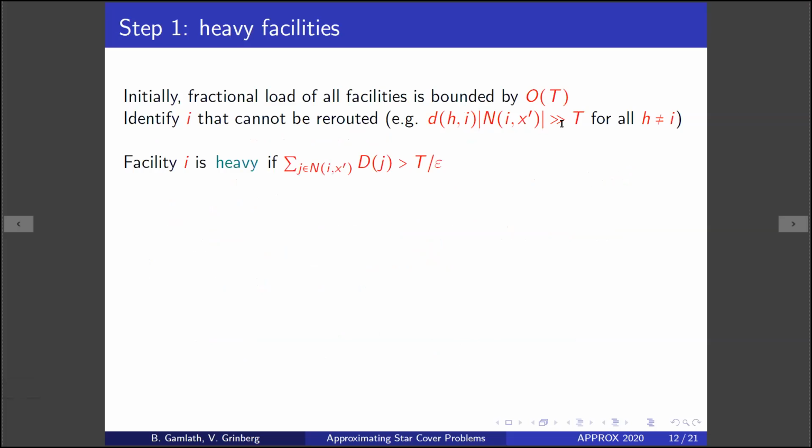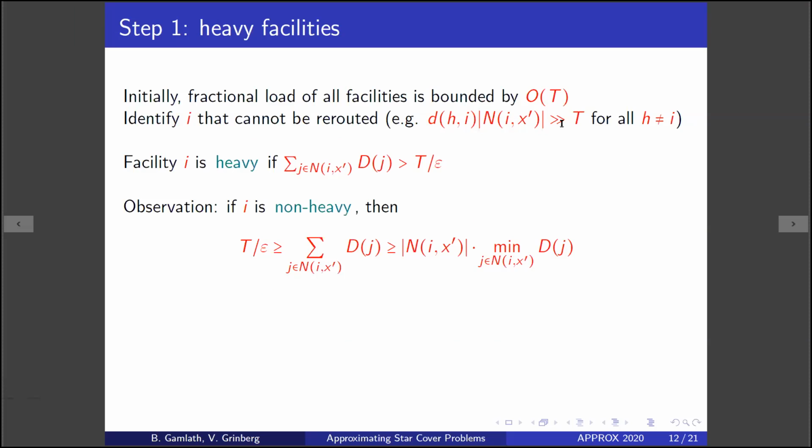We call a facility heavy if the sum of average distances of the clients it serves is greater than T over epsilon. We use this definition for the following reasons. If i is non-heavy, then T over epsilon is an upper bound on the number of served clients times their minimum average distance.